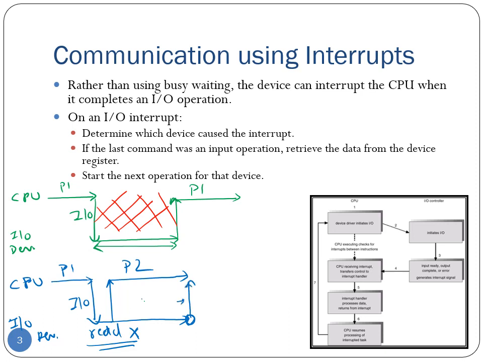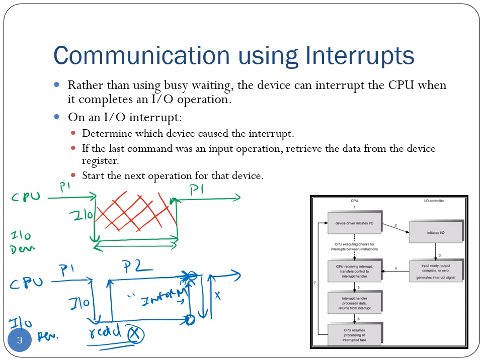So this is the information. It will inform the CPU that the data item X is available, and when the CPU receives this information, it will suspend the currently executing process P2 and it will then go grab this data item X from the IO device and resume execution.